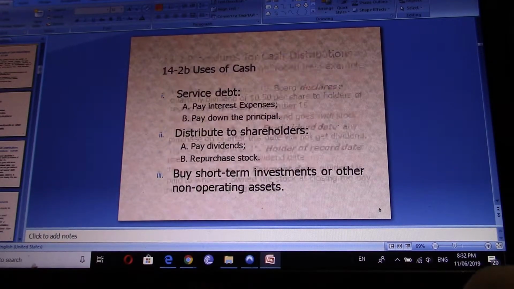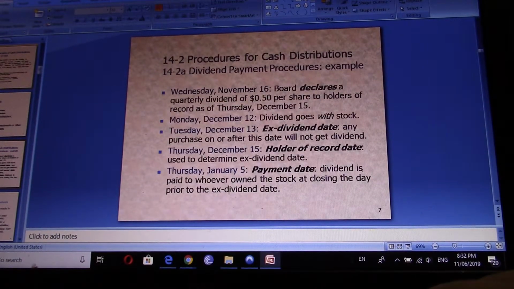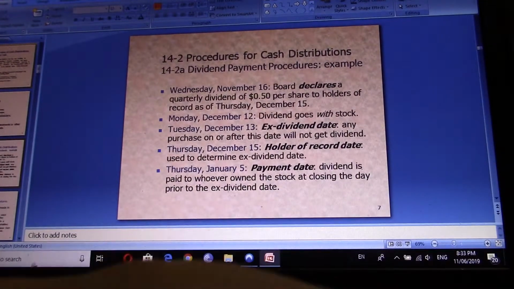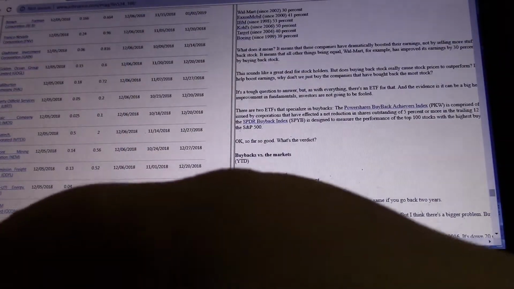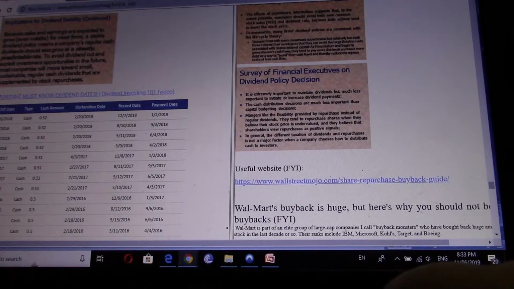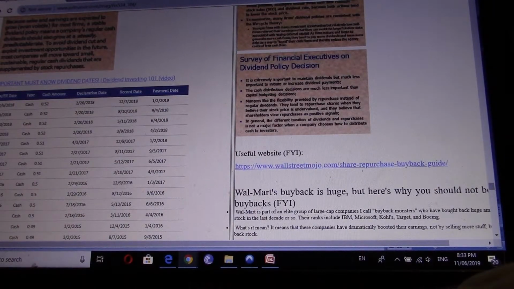If the company wants to pay dividends to shareholders, there are several days you want to pay attention to. On the class website, I have some information on Walmart's declaration date, record date, and payment date.